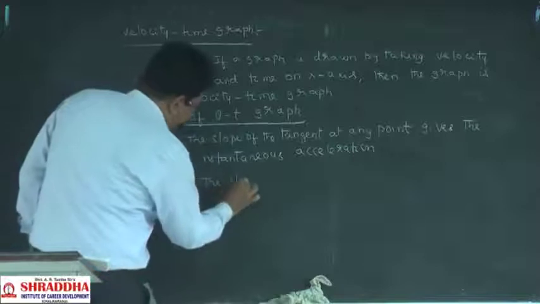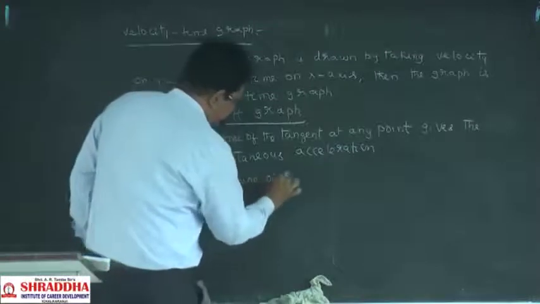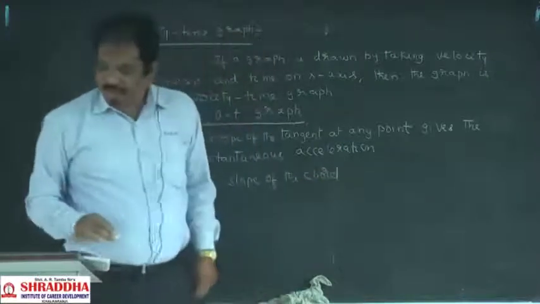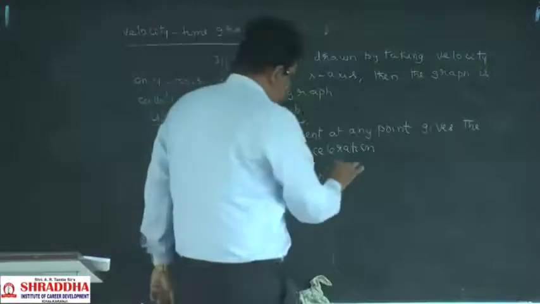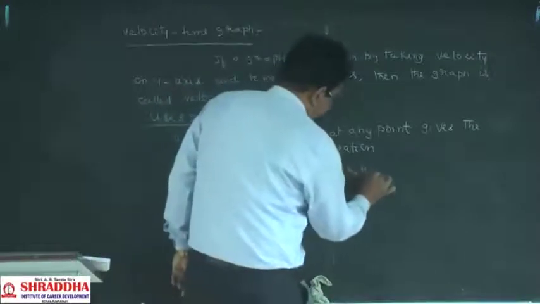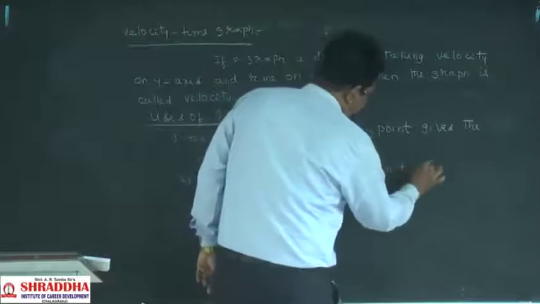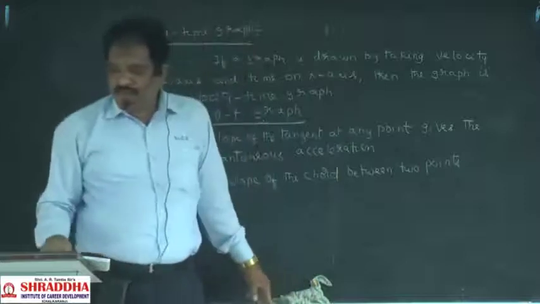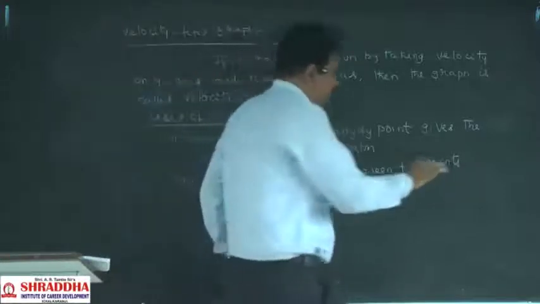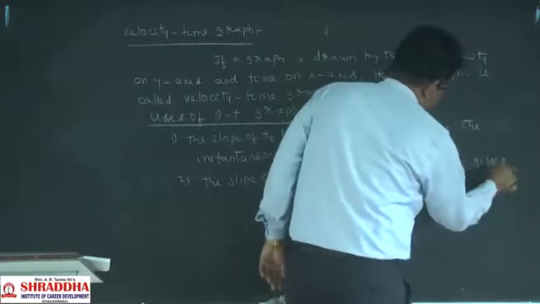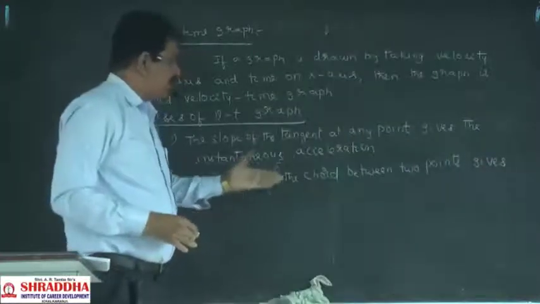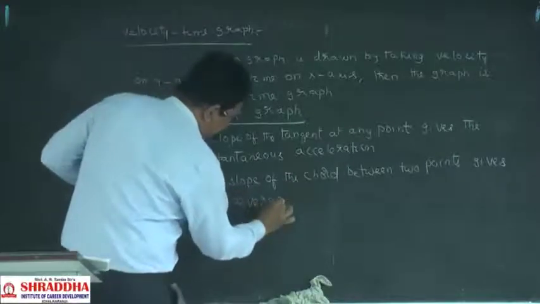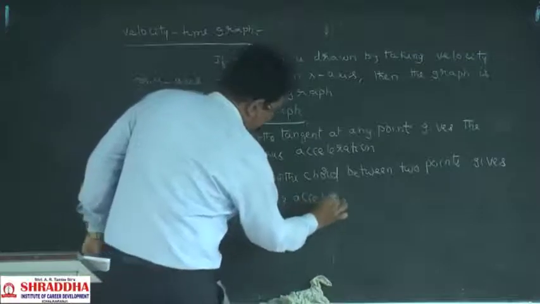Second point: the slope of the chord between two points gives the average acceleration.